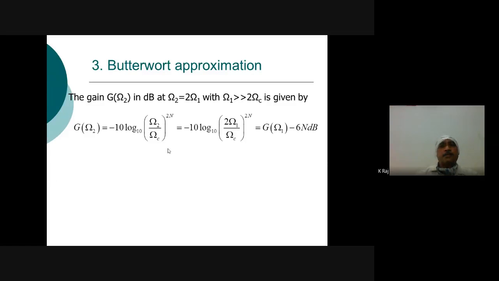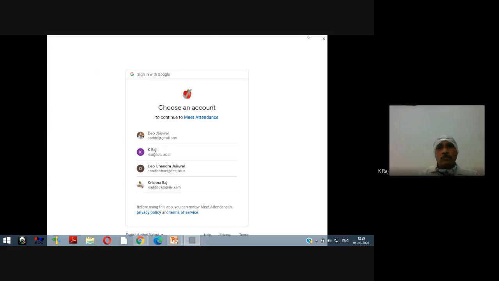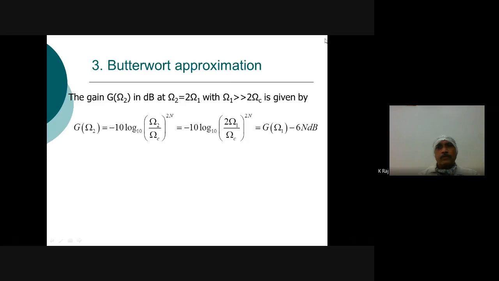The gain at this frequency, omega 2, where omega 2 is twice omega 1, and omega 1 is much greater than omega c, may be defined by this function, and after some manipulation we find that it is about minus 6n dB attenuation relative to the gain at the omega 1 frequency.